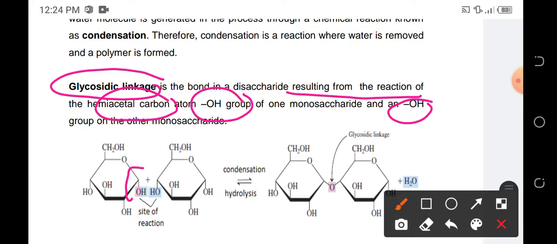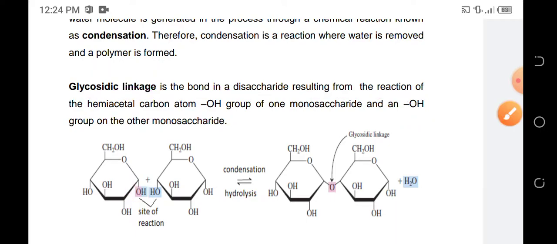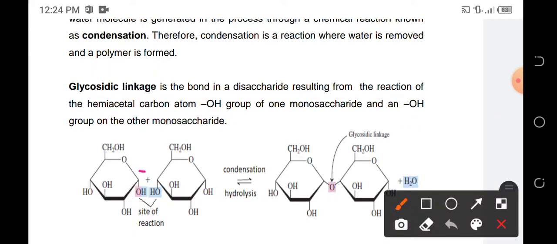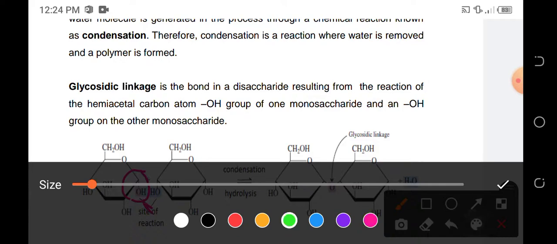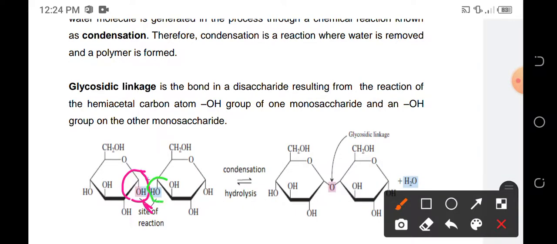So, dun sa Haworth's natin, alam natin that this carbon number 1 of the first monosaccharide is the hemiacetal carbon atom or the anomeric carbon atom. So, yung hydroxyl daw na yan, okay, magre-react siya with another hydroxyl coming from that second monosaccharide.